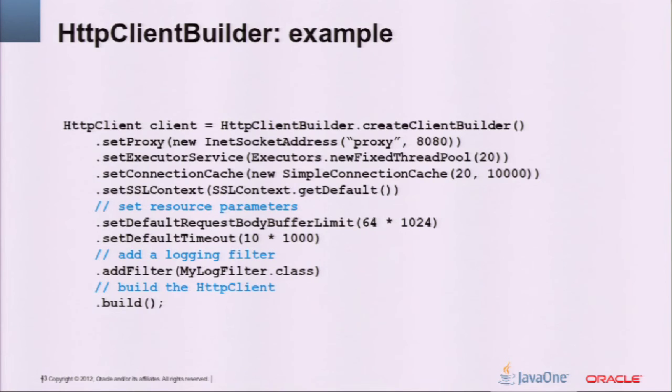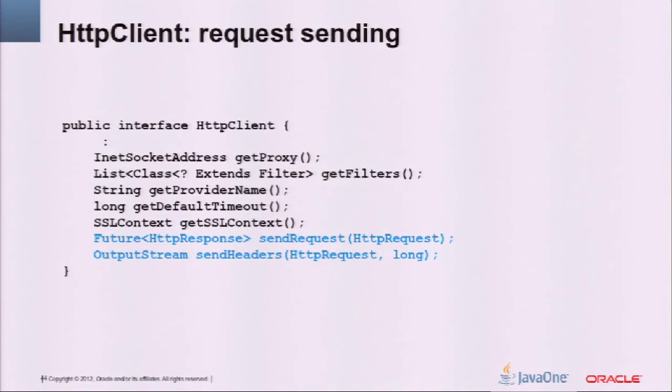Then the request sending methods are on the HTTP client instance, and there are two of them. One is send headers, and the other is send request. Send request is the main sort of workhorse. This is the asynchronous operation. You are returned a future object by which you can track progress of the interaction.